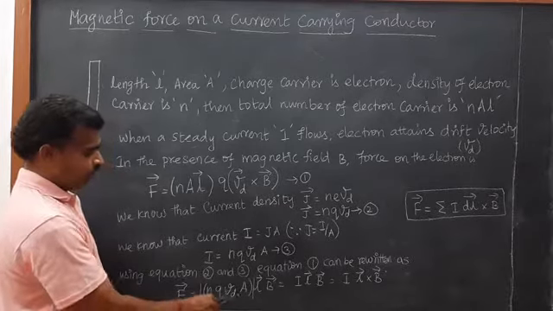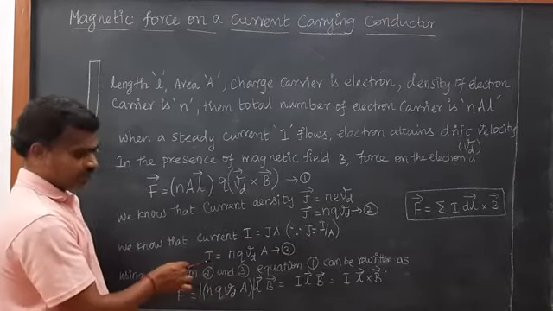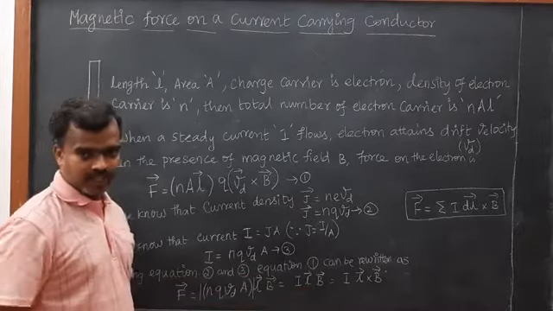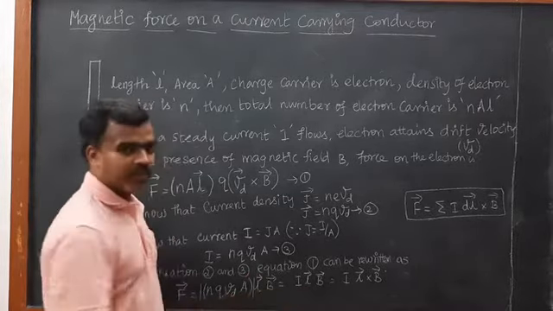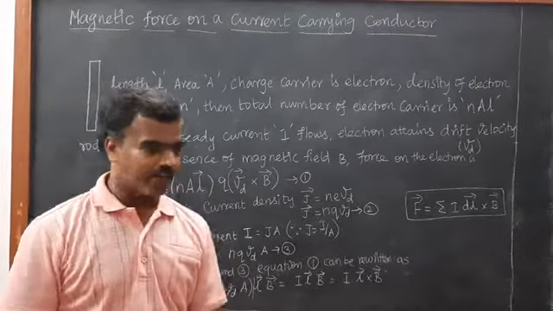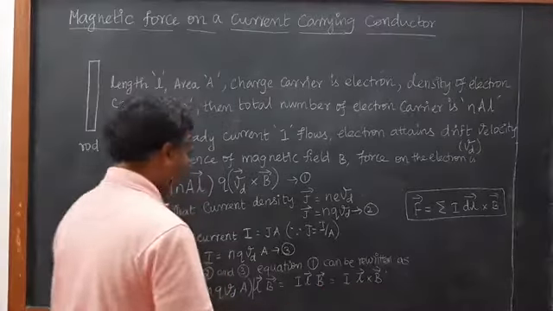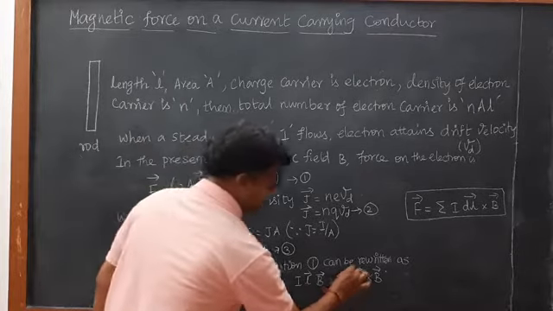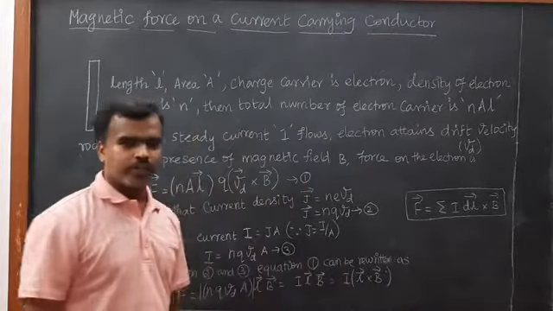Since L vector and B vector are perpendicular, we can write I, bracket, L vector cross B vector.